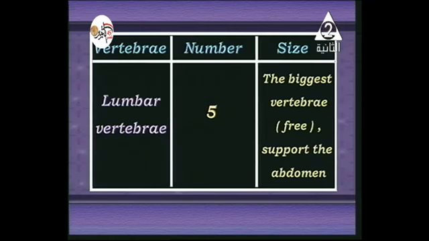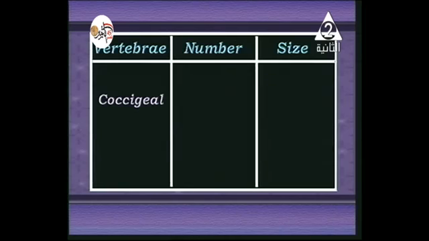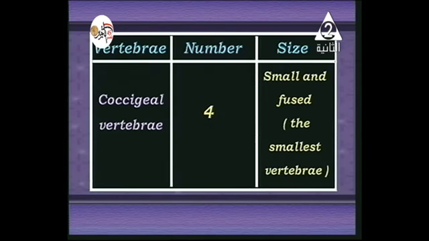I mean they support the important organs inside your body. The last vertebrae are called coccygeal vertebra, and they are 4 vertebrae, very small and fused together.